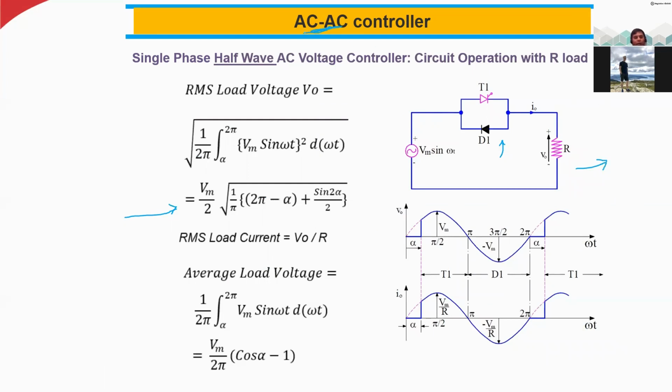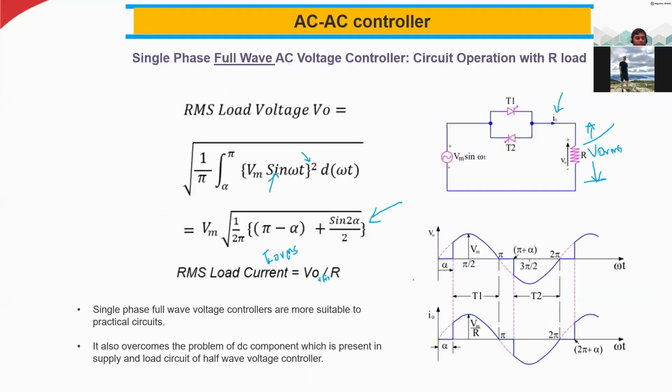Here we are studying the AC to AC controller. In this AC, you have DC harmonics because you are controlling only half the cycle. But in the full wave, we don't have such a problem, because you are controlling both the positive and negative half cycles. So you can balance it and avoid this unwanted DC component in the output.